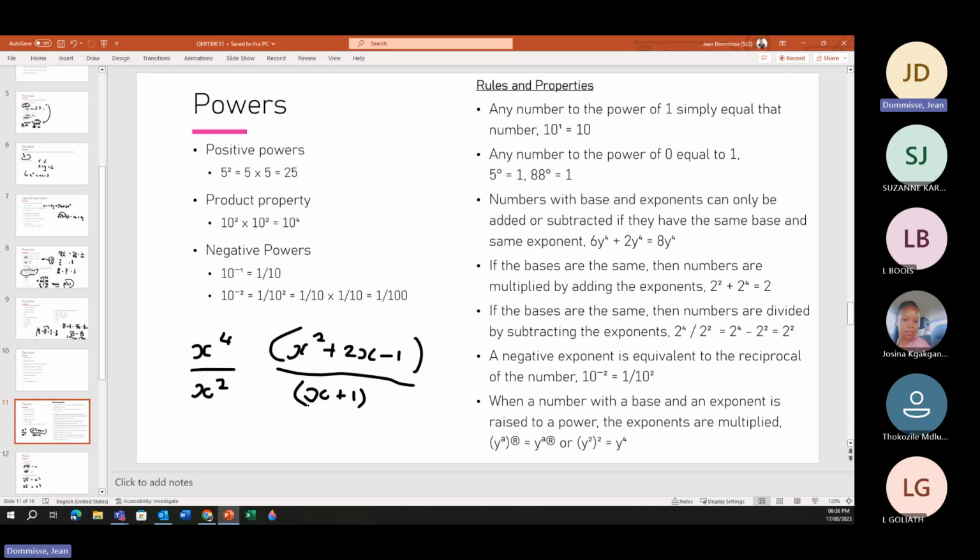So things like that will be coming up, where you need to know, okay, what can I do with that exponent or that power? Can it be split? Do I need to factorize it to get to an answer, or can I just from the start make it simplified? In this instance, you can simplify it because it's one term over another one. So with this, you can actually just say 4 minus 2 the powers, and that will be your final answer.